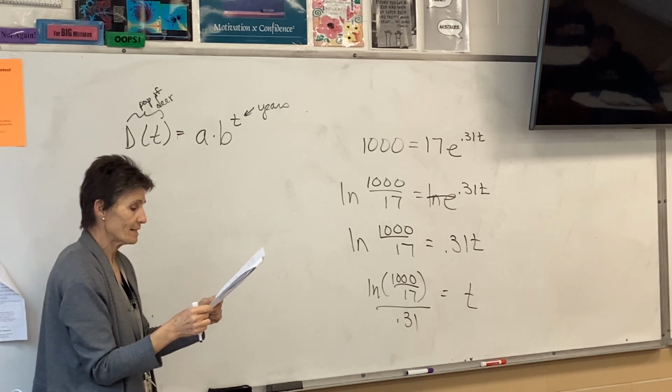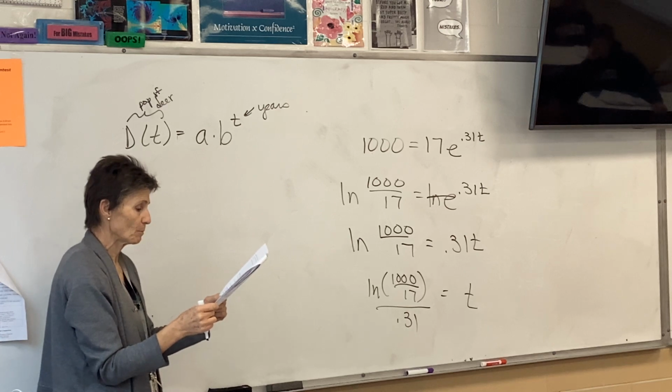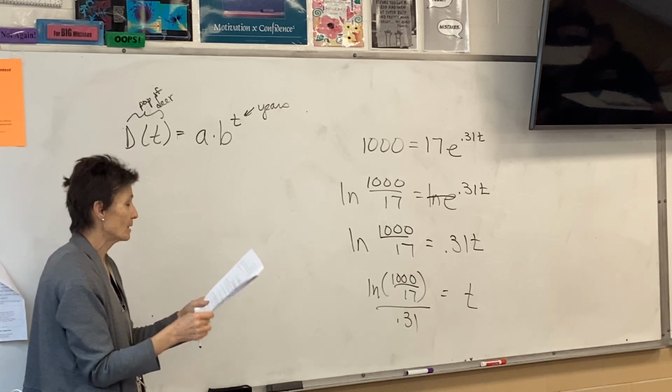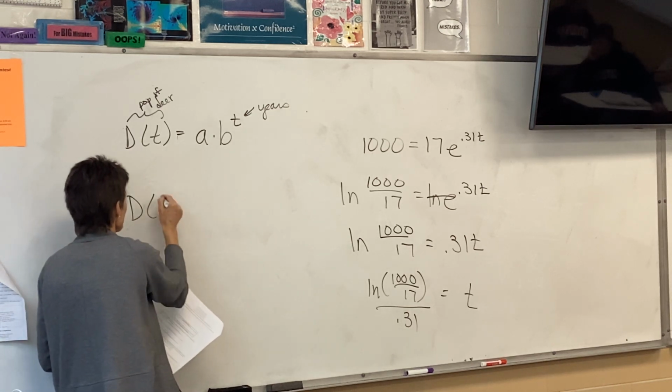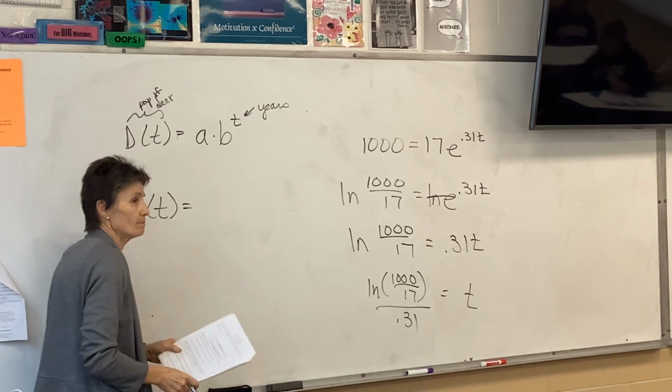Population of deer increases by 13% each year. Write an expression for D of T.